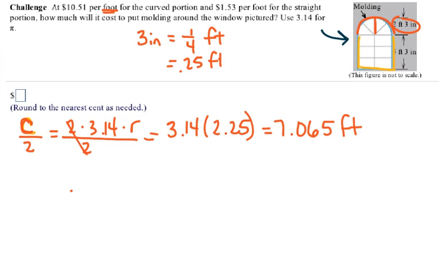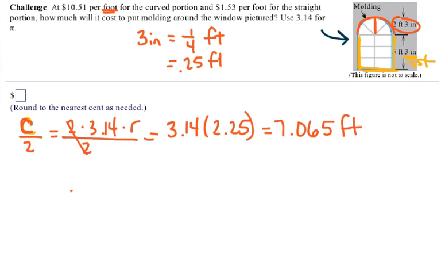Let me go to the yellow portion that I have here. So I need to find the perimeter of just the yellow. So I add up all the sides, and we get, again, this 3 inches is 0.25 feet.